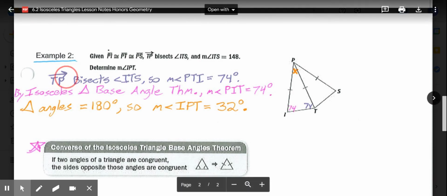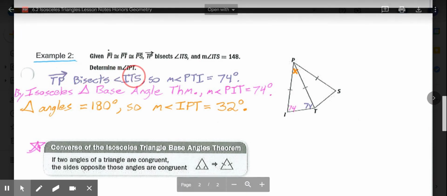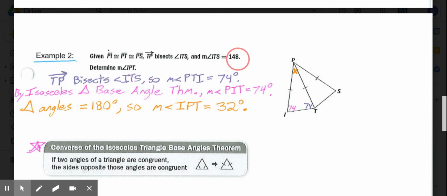So in this case, we knew TP was bisecting angle ITS. So ITS being bisected, we'd divide that by 2 to find out how much each part was. So PTI, this angle right here, was 74 degrees because the big angle was split in half. Then we can use the isosceles triangle base angle theorem.